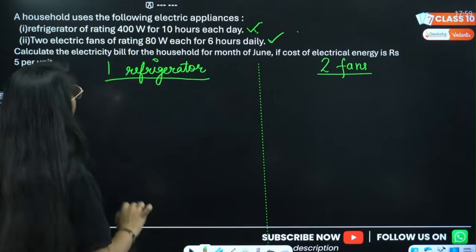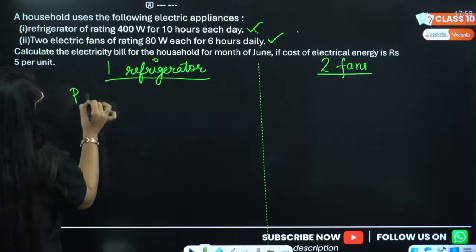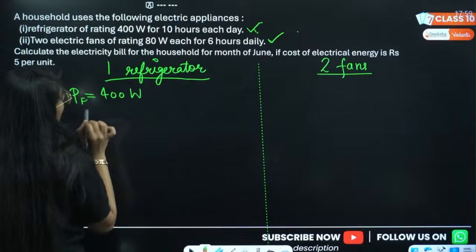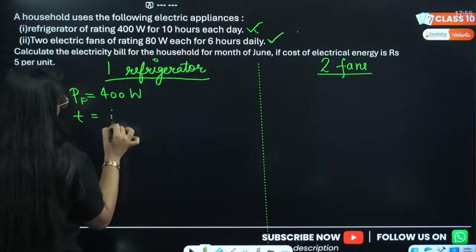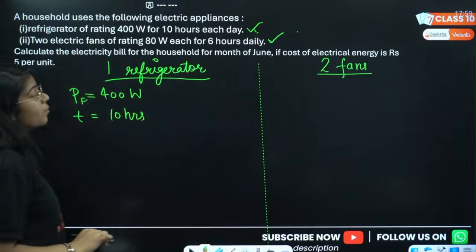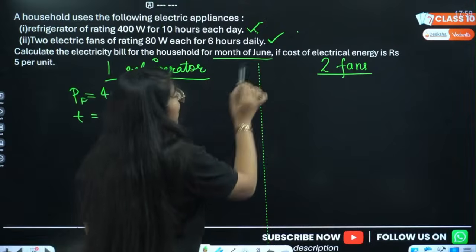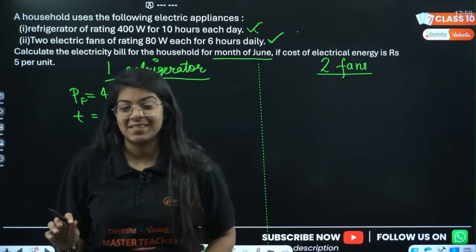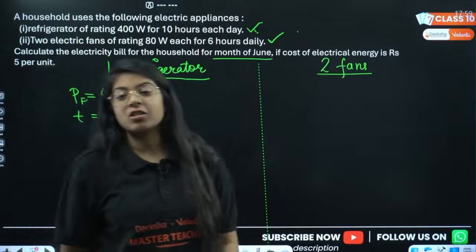Right? Now, the refrigerator is using power of 400 watt and time is 10 hours, for how many days? For the month of June. Now, how many days does June have? Let me know, does June have 30 or 31 days? Chalo.